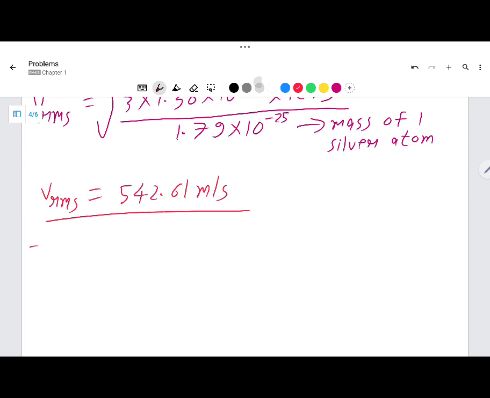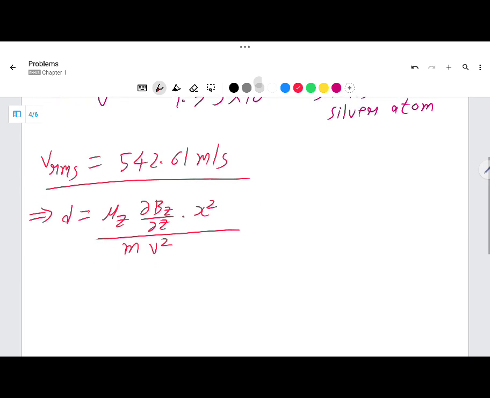Okay, so just writing the formula again. So mu z, there is the magnetic field gradient, the distance traveled horizontally squared, this is velocity squared. So if we plug in these numbers, what do we get? It's 9.27 times 10 to the power minus 24 joules per Tesla. This is the one Bohr magneton.